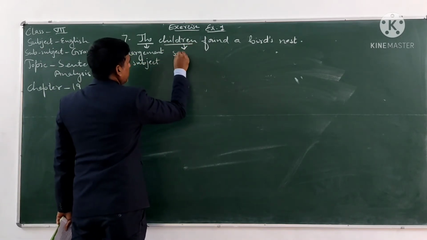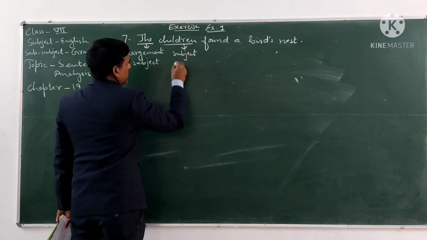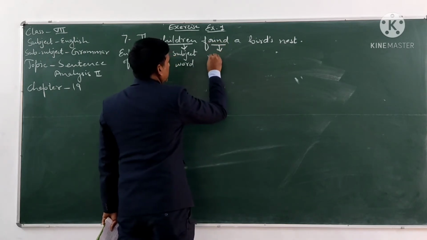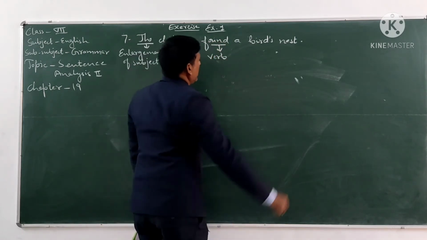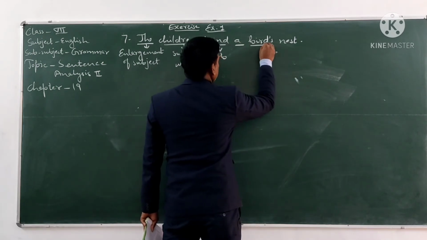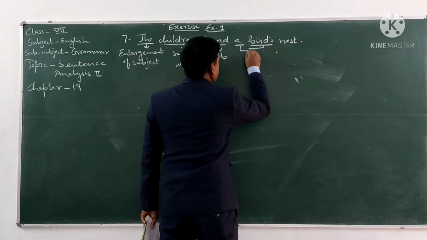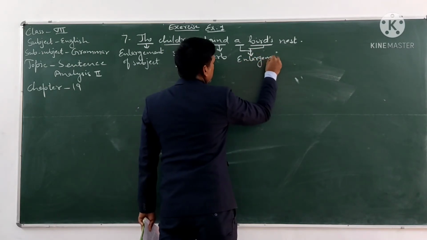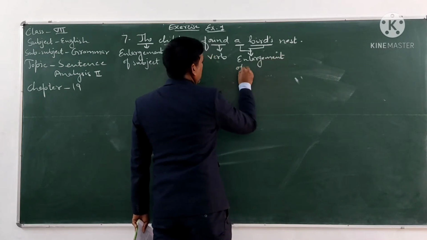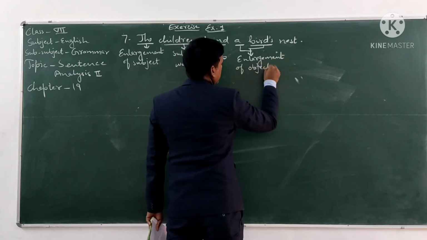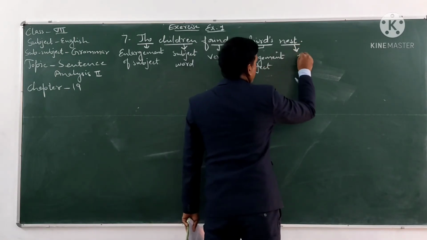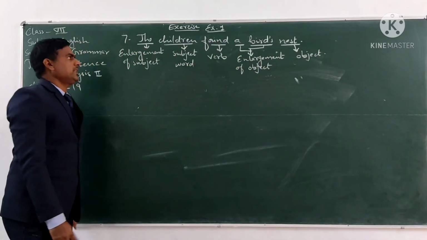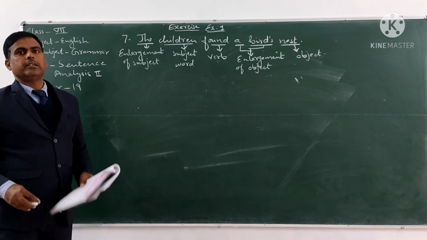Children is the subject word, and found is the verb. And a and bird's, these two are the enlargement of object, and nest is the object. So this is the sentence analysis of sentence number 7.